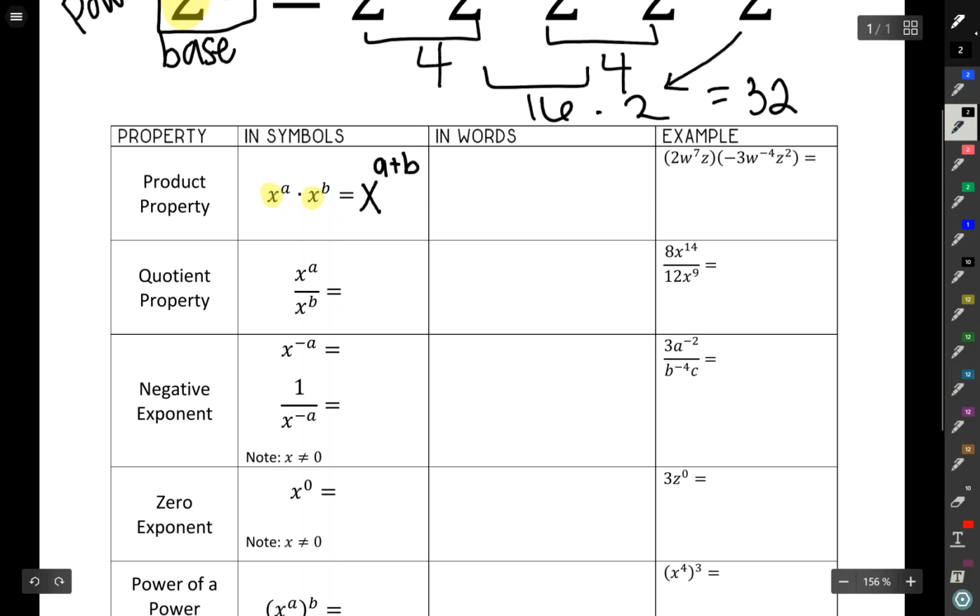So in other words, when multiplying the same base, add exponents.